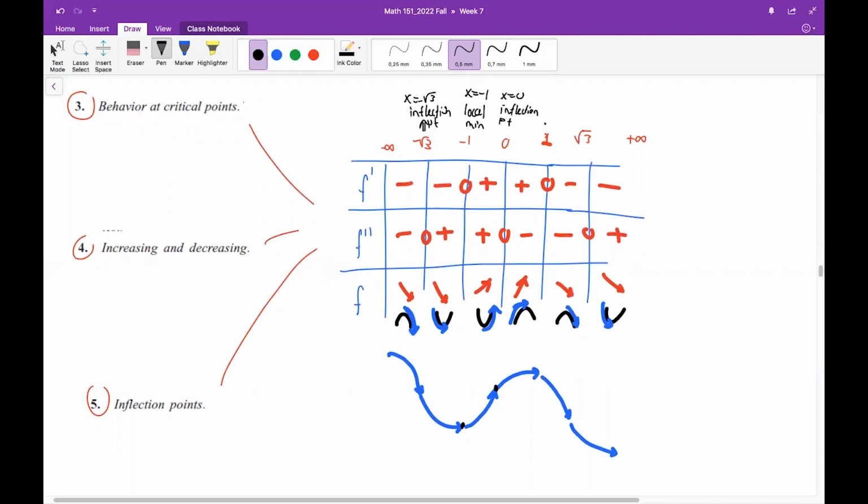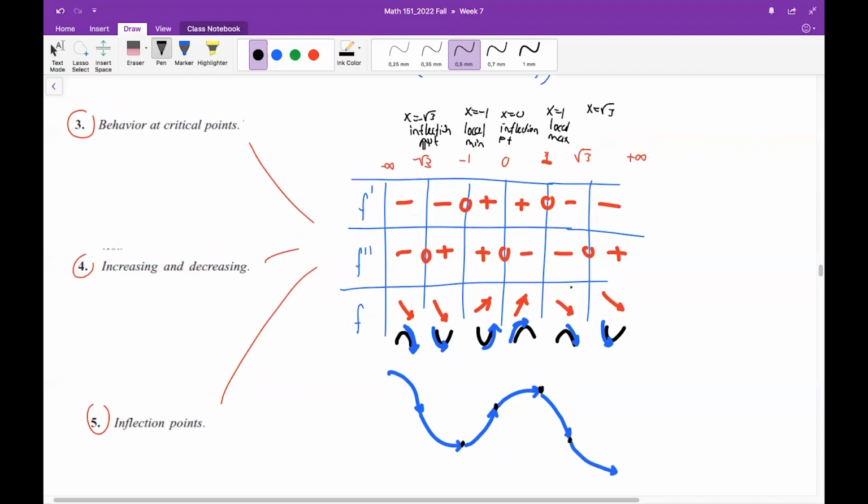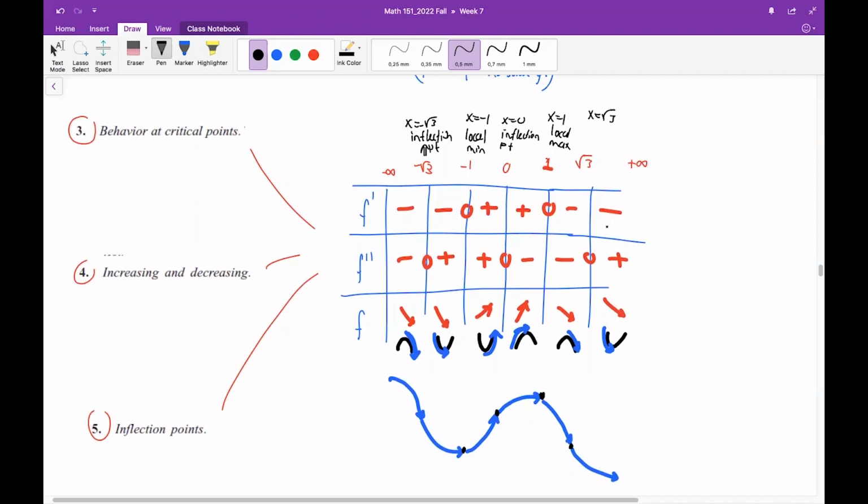point, okay? At x equals 1, what happens here? First derivative 0, it changes its sign. So we are talking about this point now. It does this turning behavior. So there is a local max there. Local max, and finally for x equals square root 3, we are at this point now. Second derivative 0 and changes its sign.